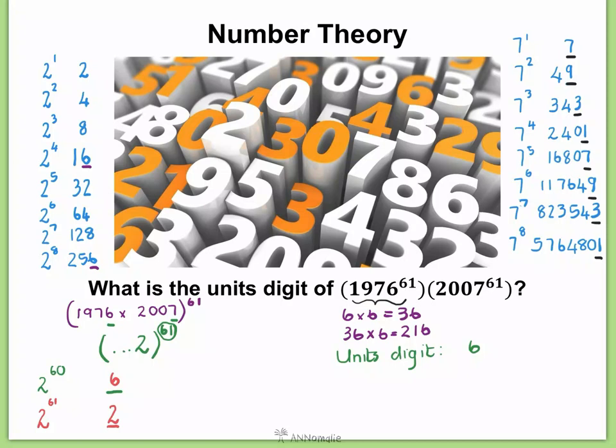So if I look at the power of 61, once again the closest multiple of 4 is 60, and so 2007 to the power of 60 will end in a 1. And then the next one is 7 to the power of 1, so this units digit will be a 7. So we get the same result, 42, resulting in the same units digit 2.